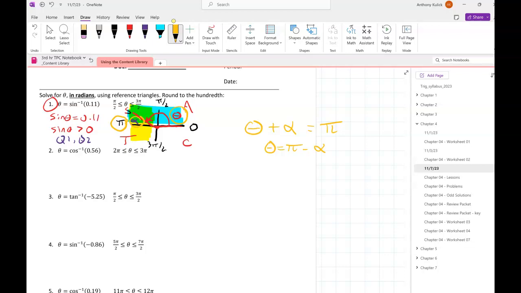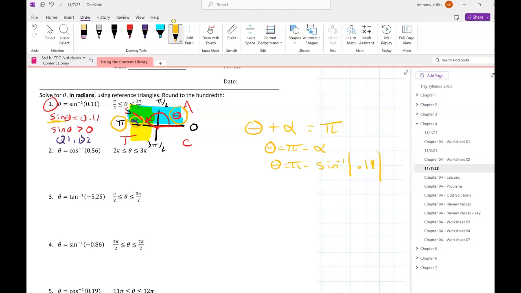And now this is what I'm going to type into my calculator. Now, remind me again, how do I type alpha in? It's always going to be, in this case, sine inverse, because we're doing a sine problem, of the absolute value of whatever sine or cosine was equal to.